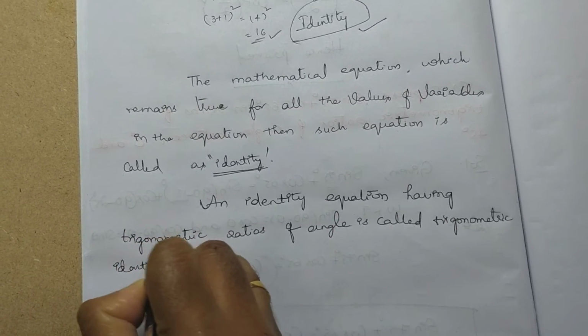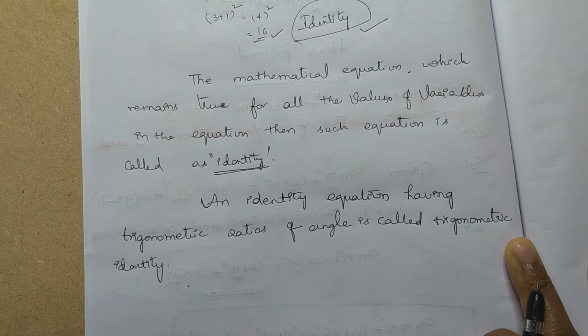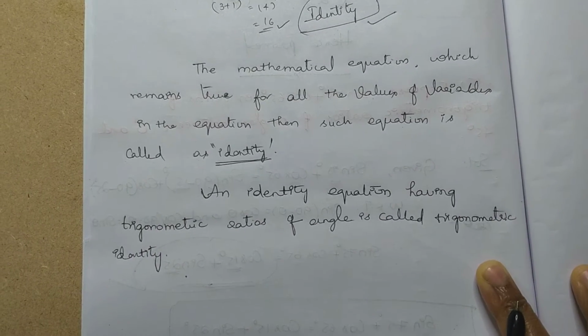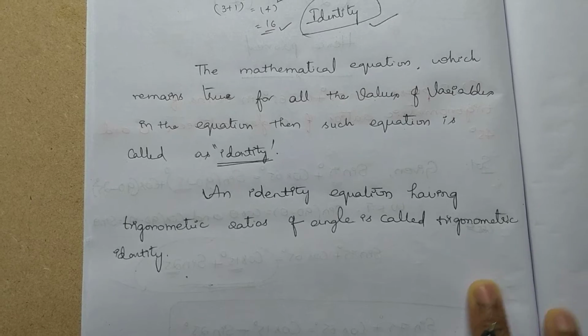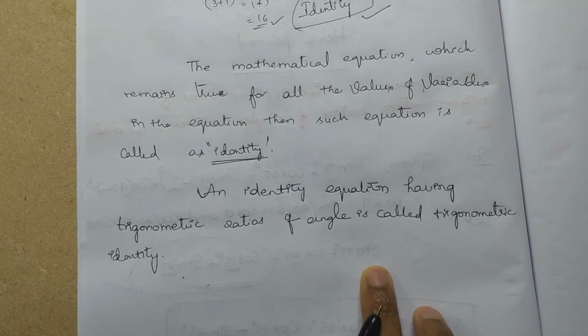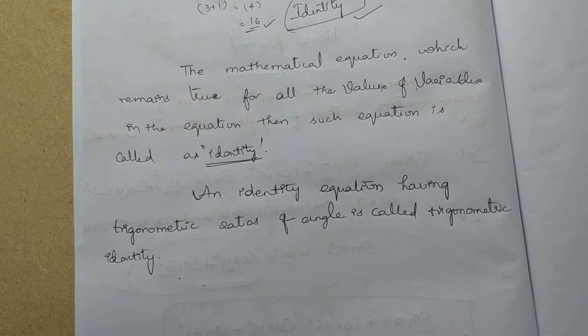So what is the meaning of it? It's nothing but an identity equation which is true for all the values of angles involved in the trigonometric ratio.